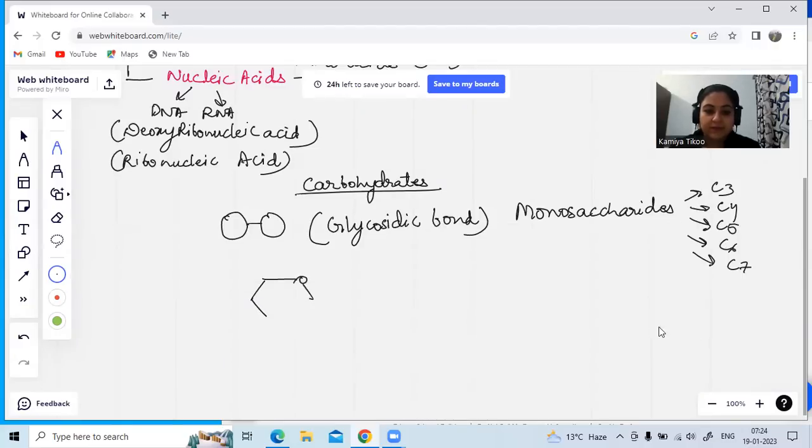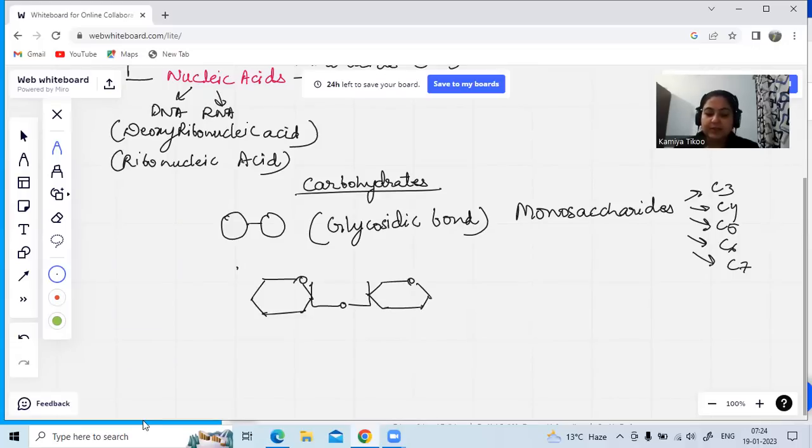And they look like this. This is the structure of glucose. This structure of glucose combines with another glucose with the help of alpha 1,4, alpha 1,6 such bonds.